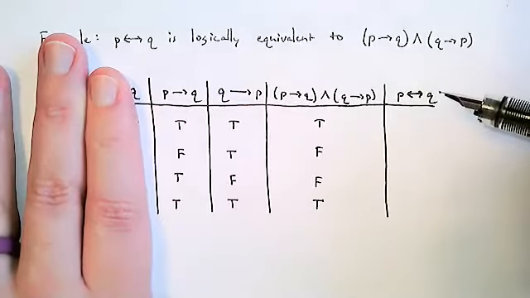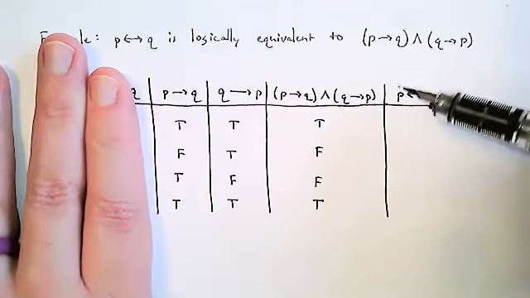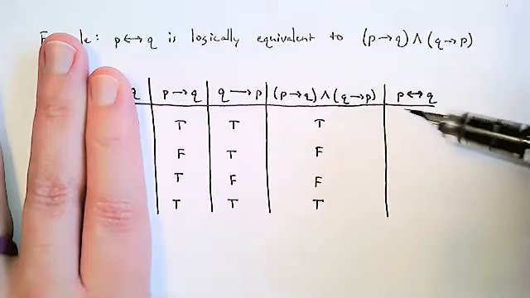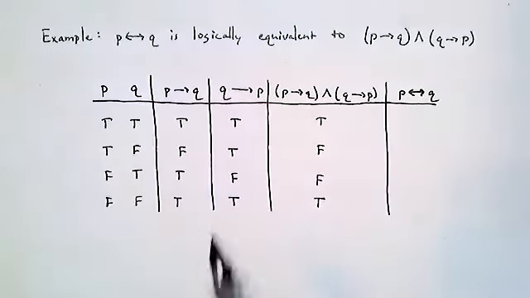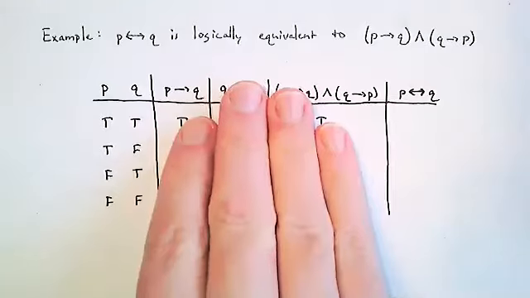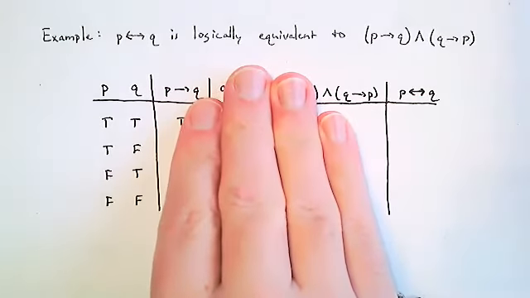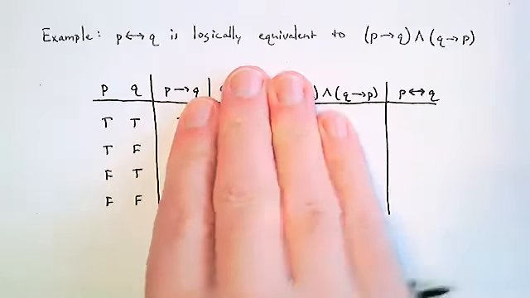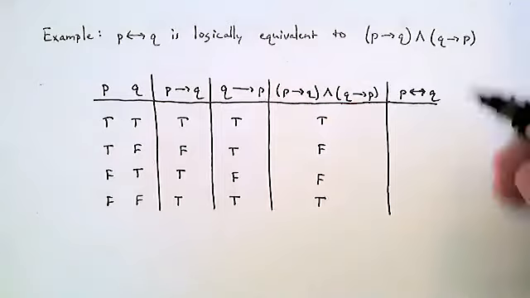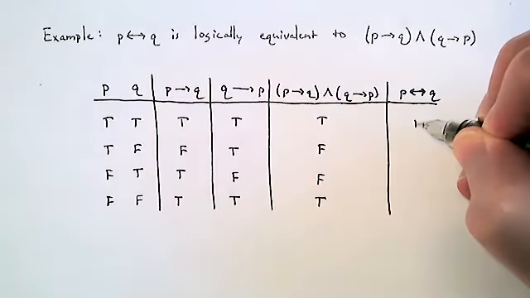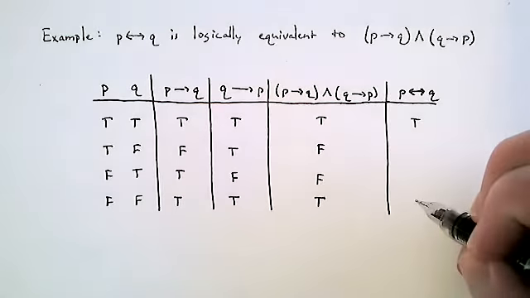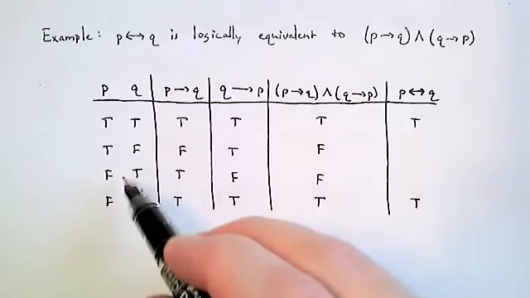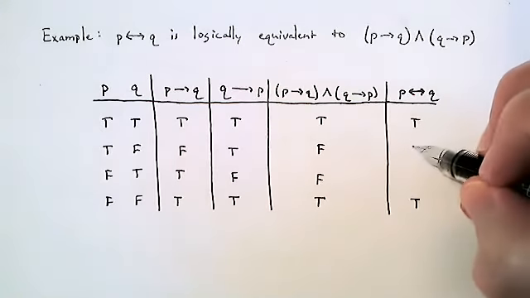And now we have to think back to the definition of the biconditional. And remember, this was like the equal sign. It's true when P and Q have the same truth value. So ignore that for now and look for two truth values that are the same. So that's the first row and the bottom row, and the other two don't match, so we get falses.